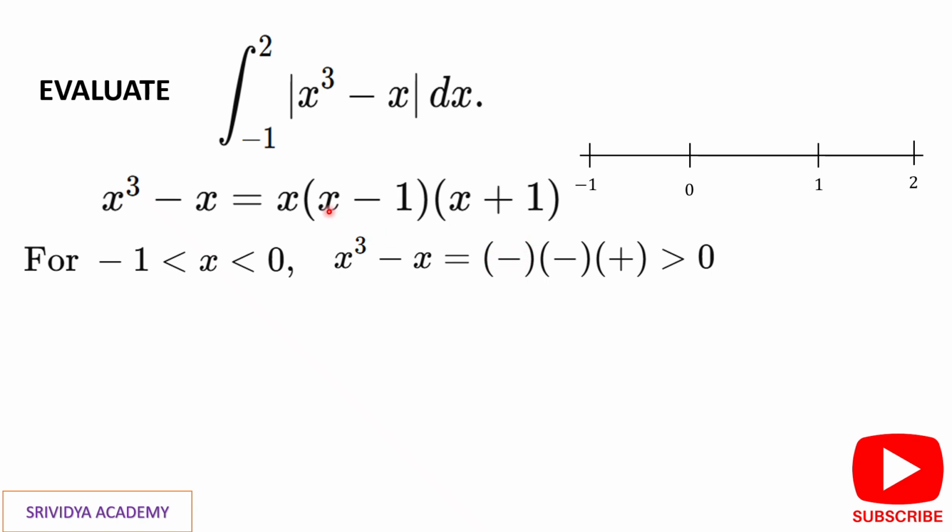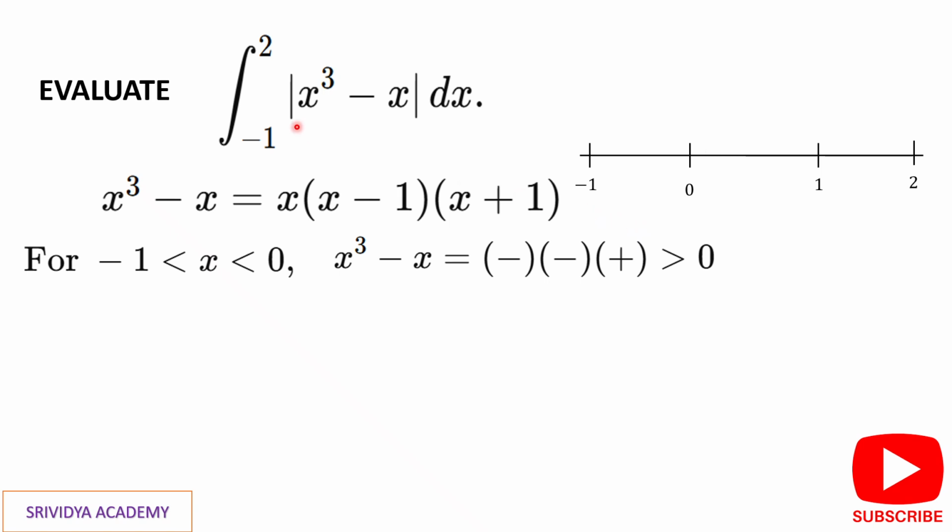When you put x equals minus 0.5 in the second term, we get minus 0.5 minus 1, which is again negative. And in the third term, it is 1 minus 0.5, which is 0.5, which is positive. Therefore, minus into plus, which is greater than 0. That is, it is a positive quantity. X cube minus x is positive in the interval minus 1 to 0.